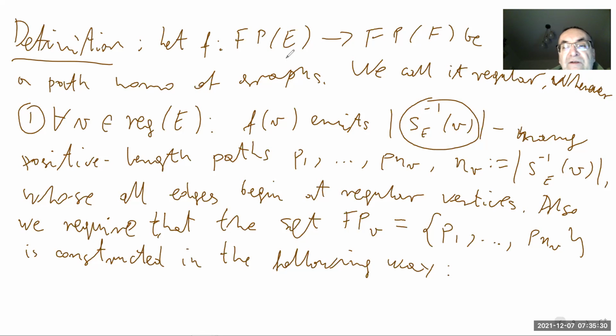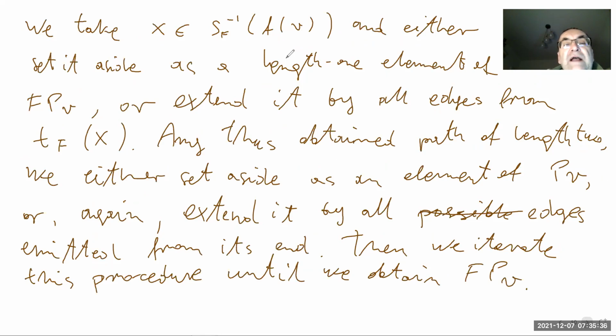It says, okay, take F of V and take all edges emitted at F of V. And then we set nothing aside. That's it. We have only paths of length 1. Yeah, and then we have to have bijectivity. But of course what is important is that we have to take all these edges. Right? We cannot skip any of them. We either set it aside or we extend.